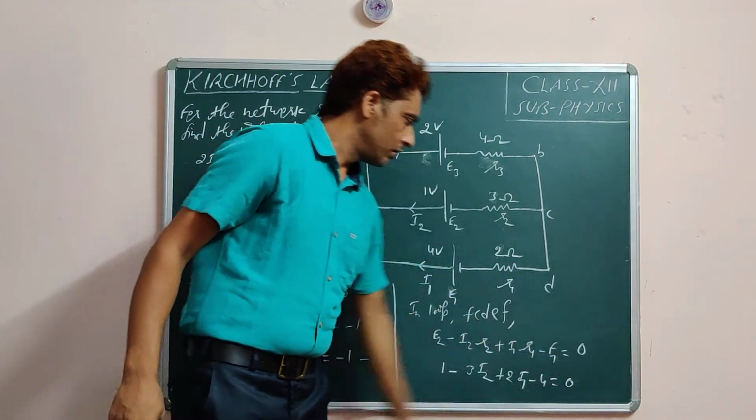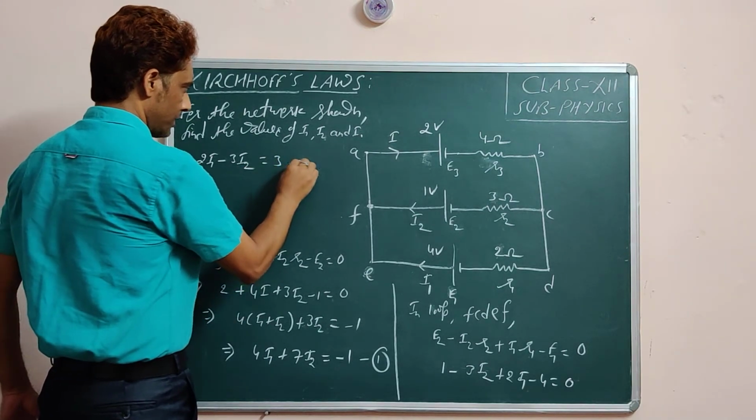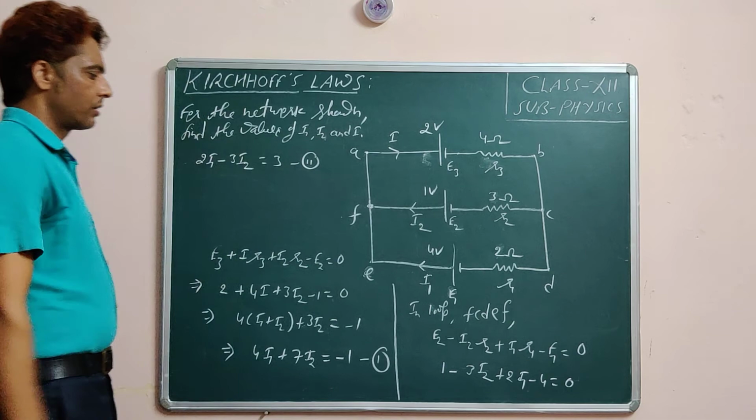So if we take it to the right hand side, it becomes equal to 3. So this is the second equation.